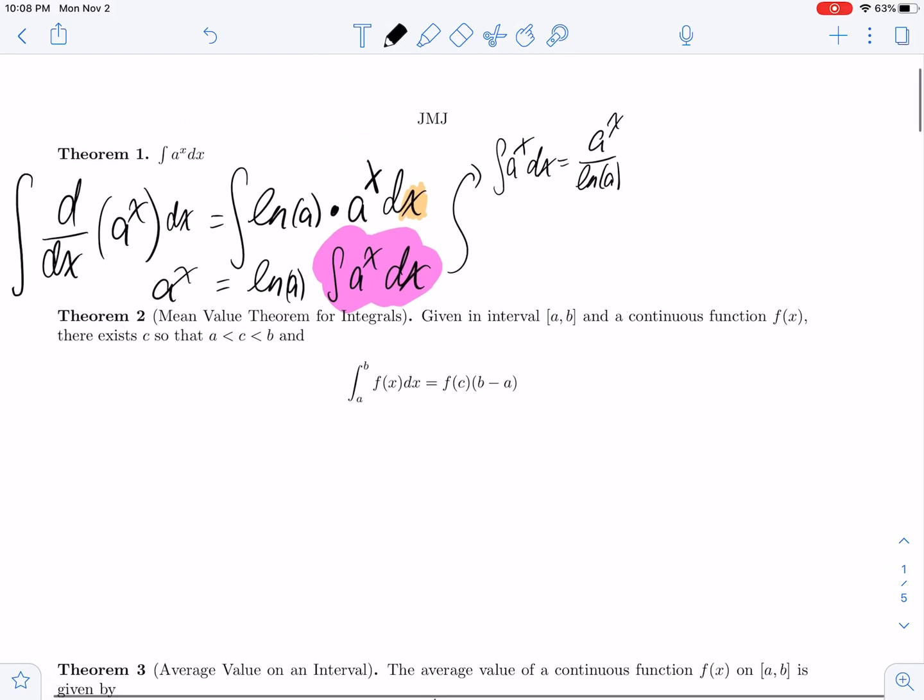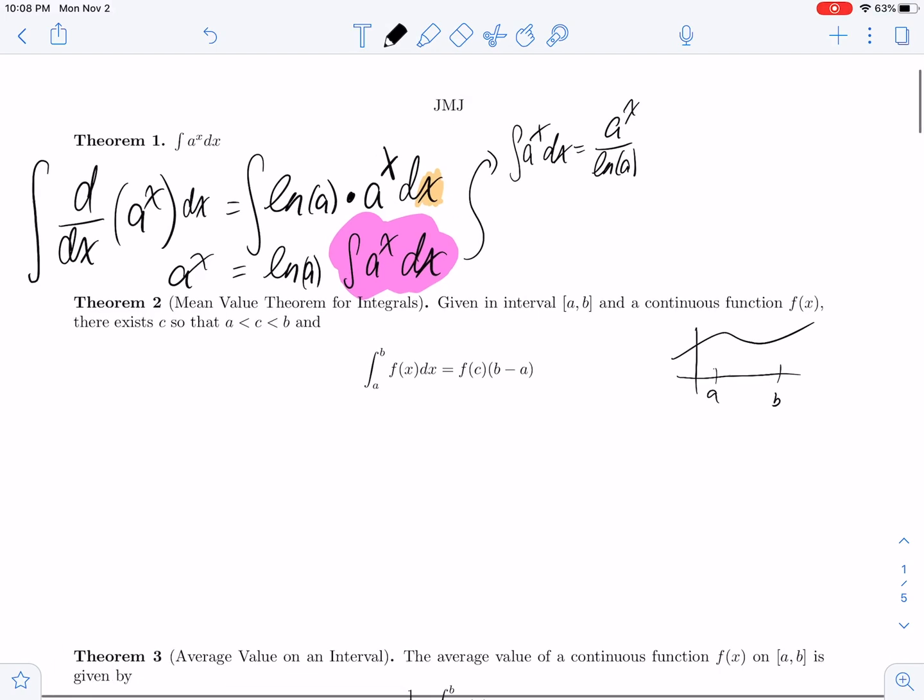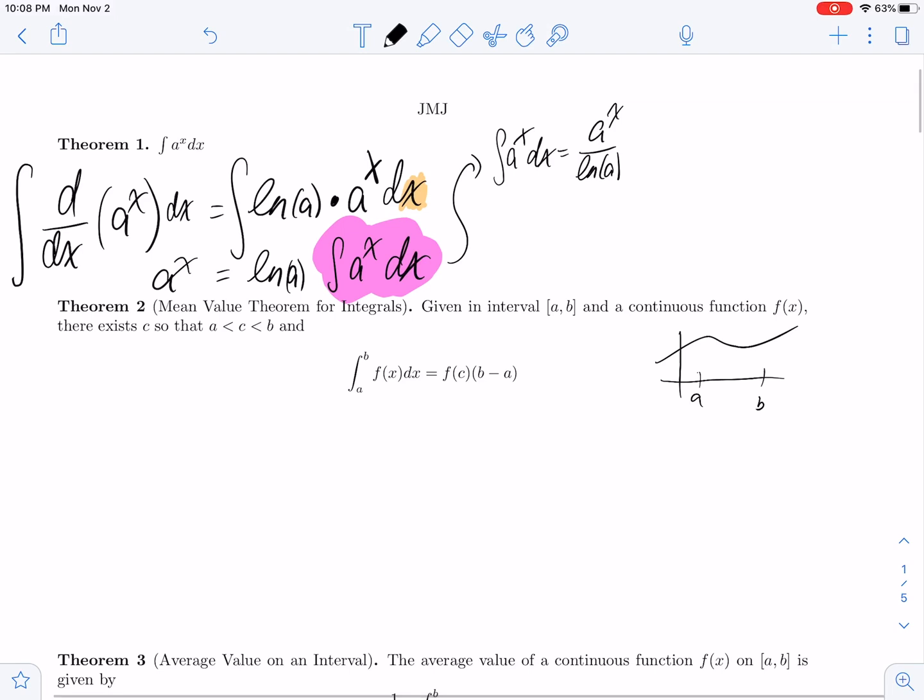I guess first off, let's get some physical intuition. So this is from A to B. Here's some function. If we look at this, that's the area I want to know about. That's the left-hand side of my equation. There'll be some place where we can find a C. Maybe C is right here.